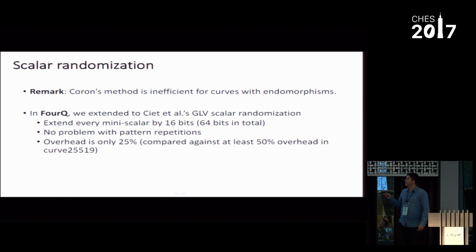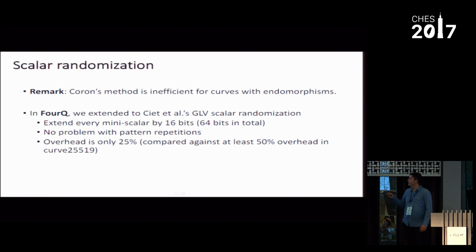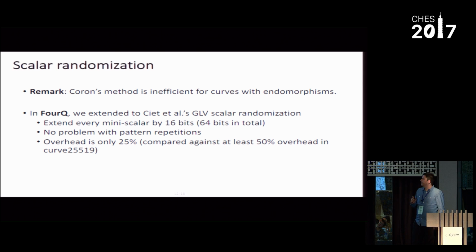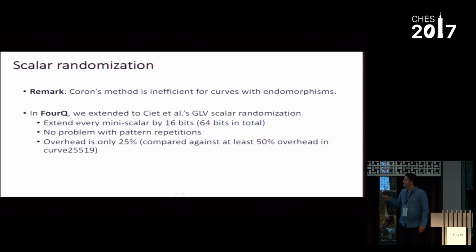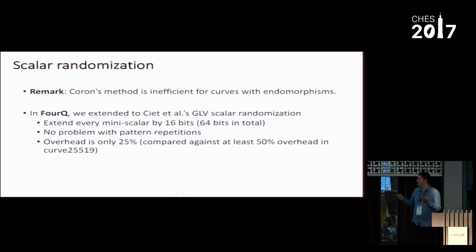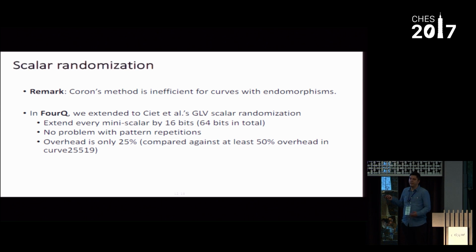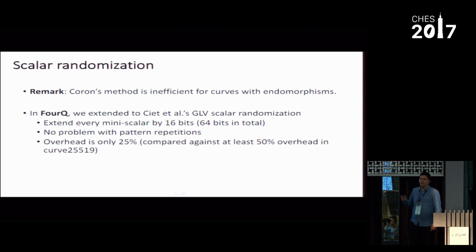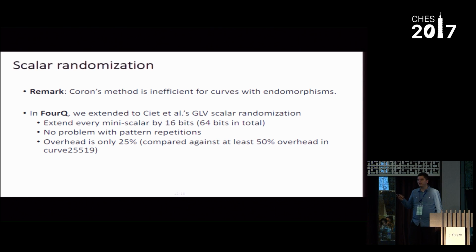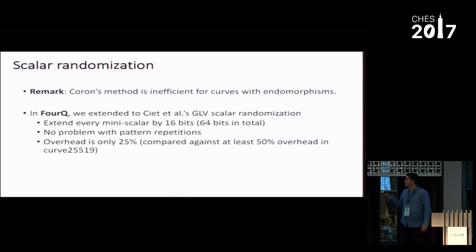It applies for curves which have some efficient endomorphism. It turns out that our curve has this kind of endomorphism and one more. So we extended this technique for two endomorphisms, which decompose a scalar into 4 mini-scalars instead of 2 mini-scalars, as in this work. So this is one contribution. I mentioned that the mini-scalars were 64 bits each.